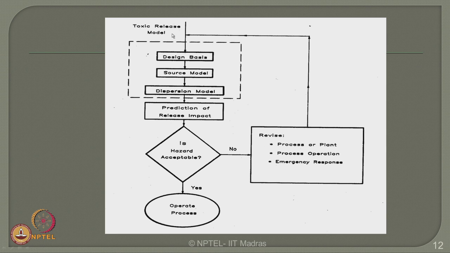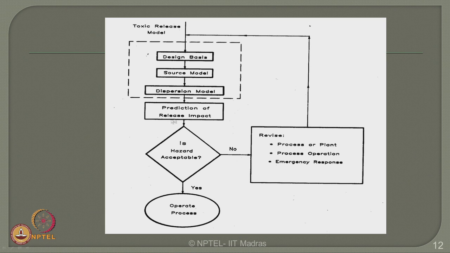A toxic release model can be considered in three forms: it can be a design basis model, a source data model, or a dispersion model, as we saw in the previous slides. Once we come out with any effective model capable of expressing the toxic release in the environment, the prediction of the release impact is to be done based on the dispersion, source or design basis model that you select for your analysis.